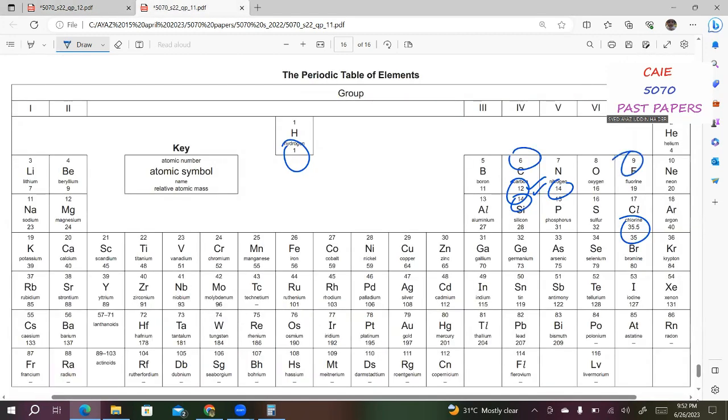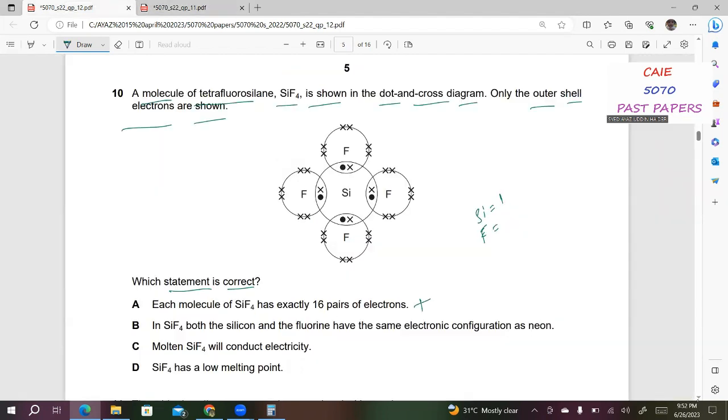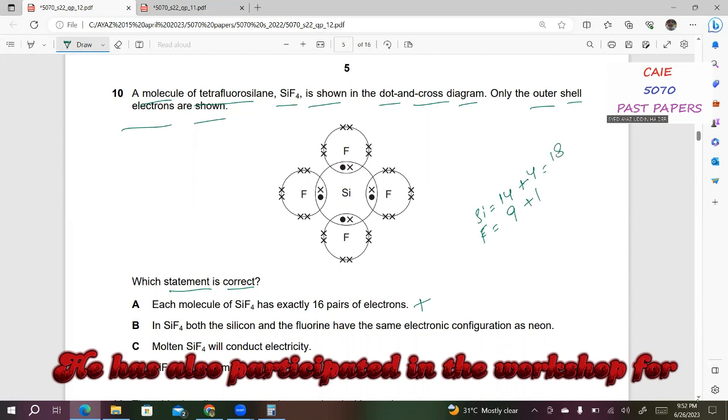Fluorine, it's 9. Silicon has gained 4 electrons and each fluorine has gained 1 electron. So let's count the total number of electrons for each of these. So both of these are different. So you can't have the same electronic configuration as neon. Not both.